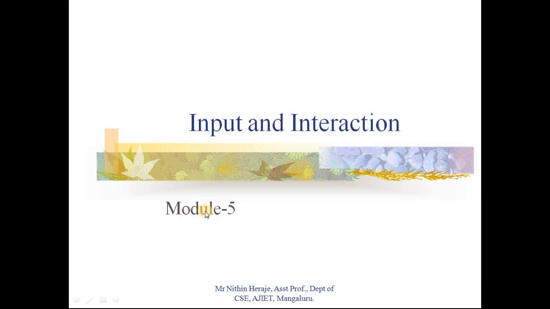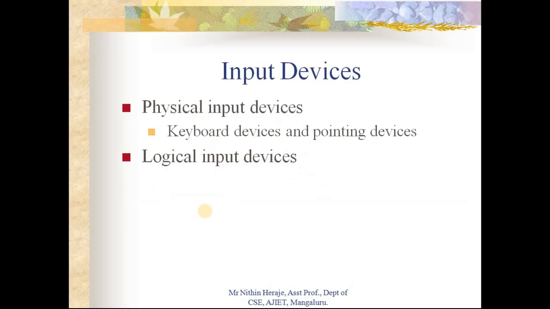In this video, I'm going to discuss input and interaction, from Module 5 of Computer Graphics. The input devices are classified into two: physical input devices and logical input devices. Physical input devices include keyboard devices and pointing devices.